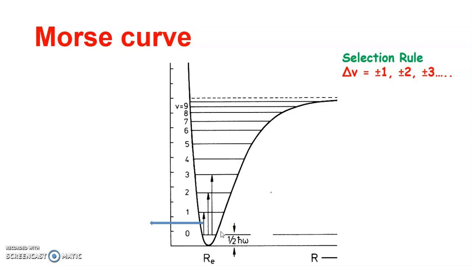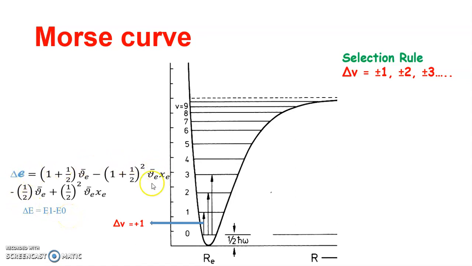For the transition from the 0 to 1 state, ground state to the first excited state, Δv is equal to plus 1, and the change in energy E1 minus E0 is obtained from the anharmonic energy level expression. If we put 1 in place of v, we get the expression like this, and on calculating we get ν̄_e into (1 minus 2χ_e) centimeter inverse.